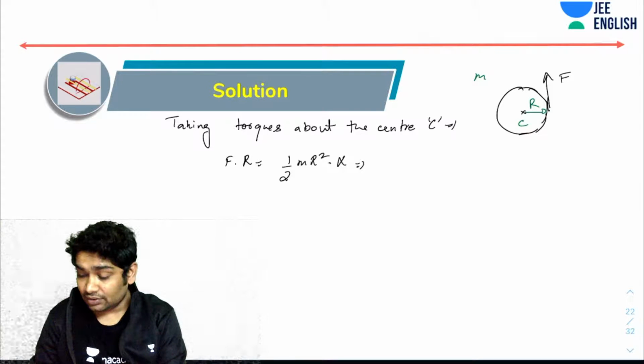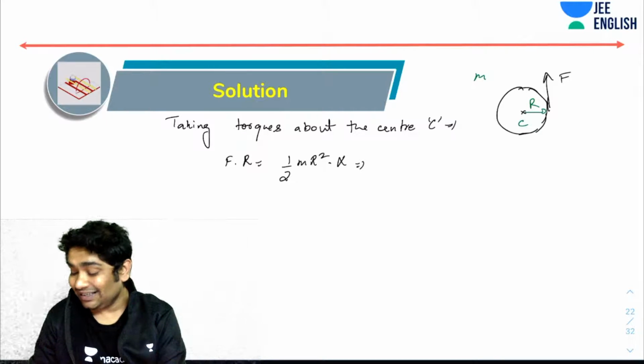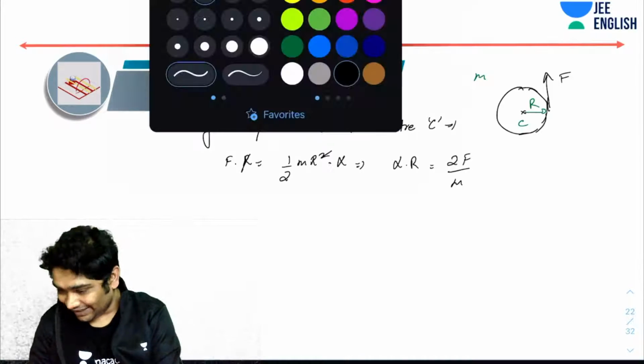So I am getting alpha times R as 2F over M.